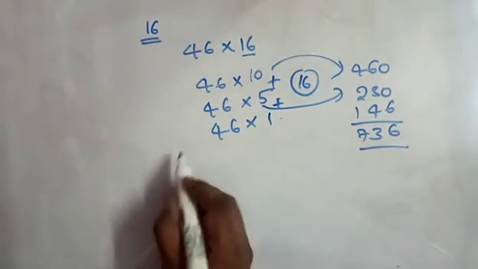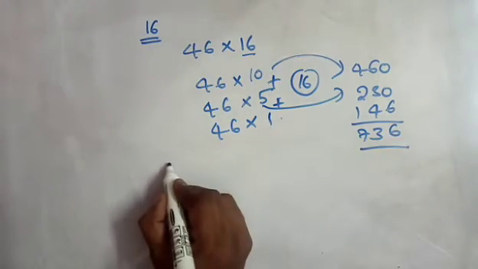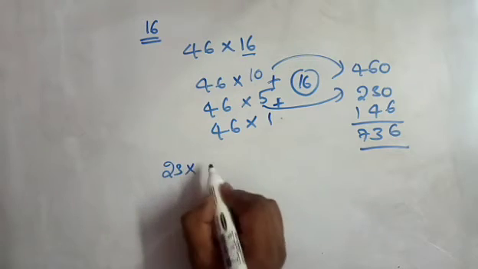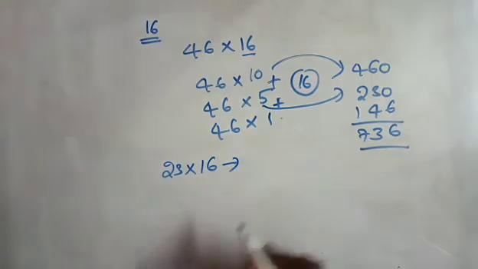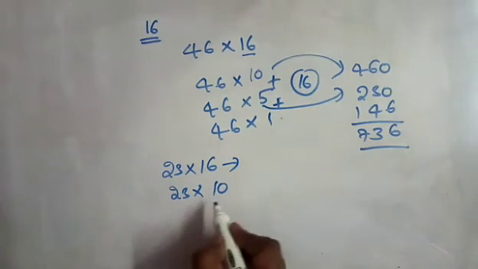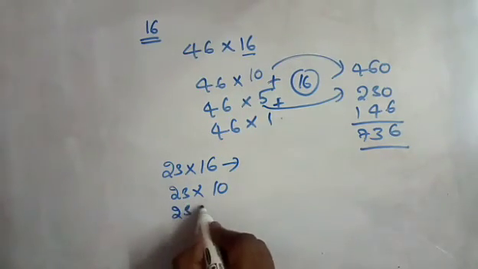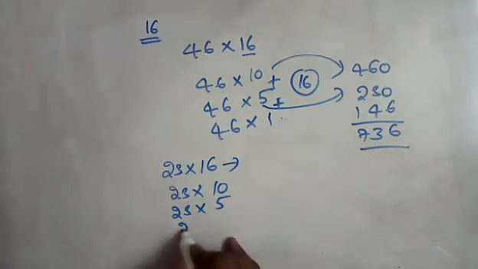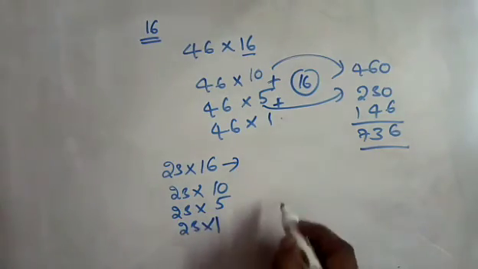For example, if I take 23. So 23 times 16. What I'm going to do: first, 23 multiplied by 10, 23 multiplied by 5, 23 times 1.